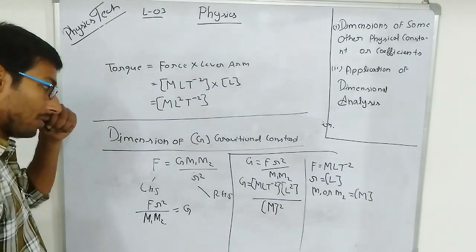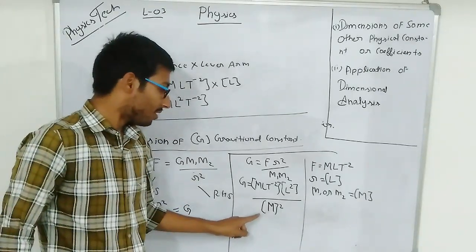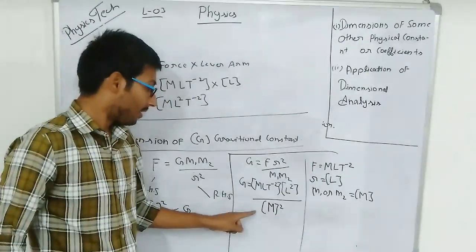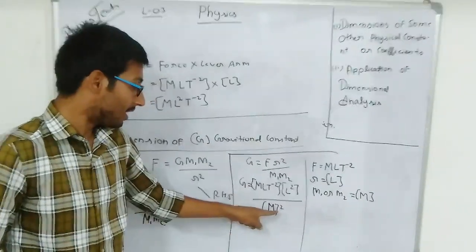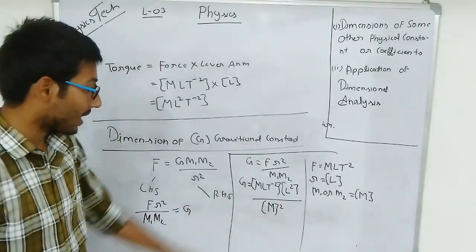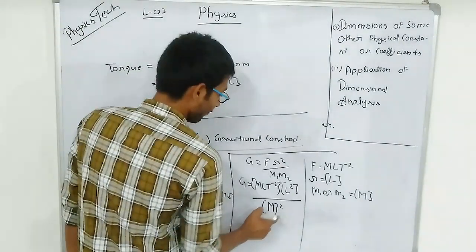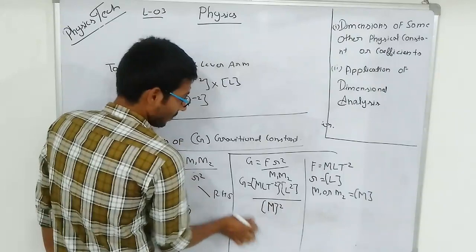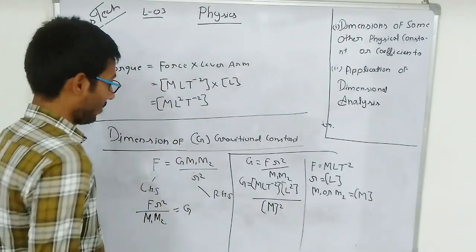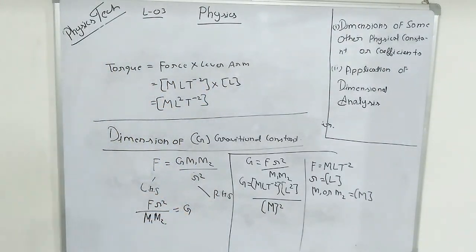Now M is in the denominator, so we can convert it to the numerator by changing the sign of the power. Then G is equal to, okay, please take a note.